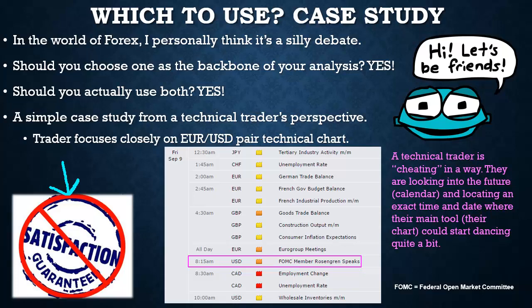One, just the simple: always be in the headlines, just having a general idea what's going on. Going back to our example, right now, interest rates in the United States are a very, very hot topic. And why do we care about interest rates in the United States right now? Well, because in our example, our case study, the US dollar is a big part of what we're looking at in the currency pair. So keep that in mind.